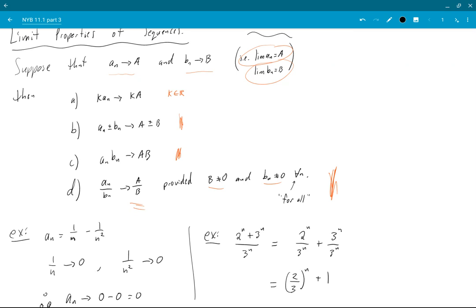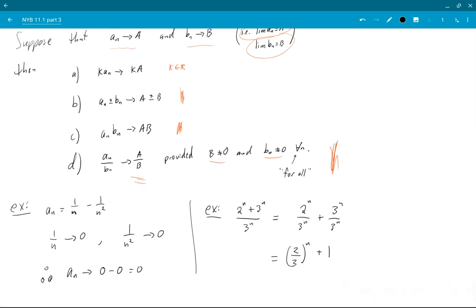So I'm going to think of this as a sum of sequences. So as we've seen before, we have r is 2/3, and the absolute value of r is less than 1. So that first bit is going to 0, and the second bit is just 1, 1, 1, 1, 1. So in the end, we get 0 plus 1, which is 1.